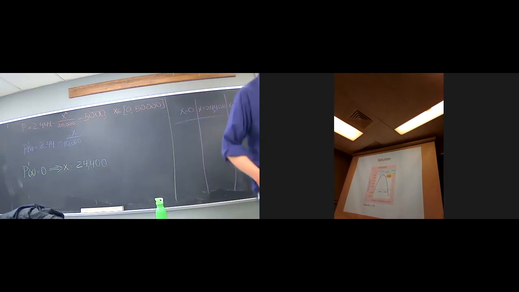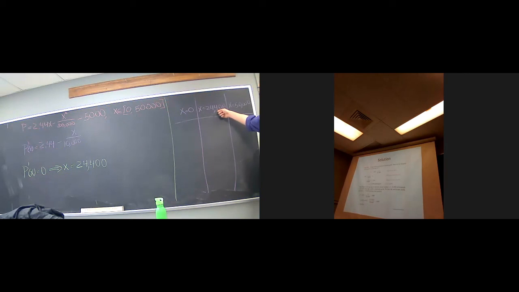But using the process, we say, all right, what's our profit function? What's the derivative of that? Let's find our critical number. Now, let's find out what our function is at our first endpoint, at each of our critical numbers, and then at our last endpoint. That's exactly what they've done here.